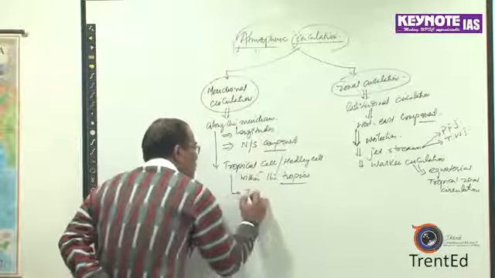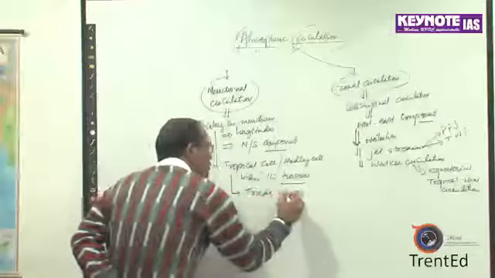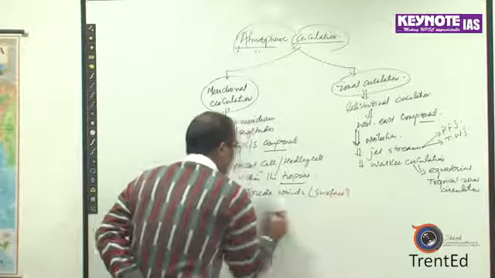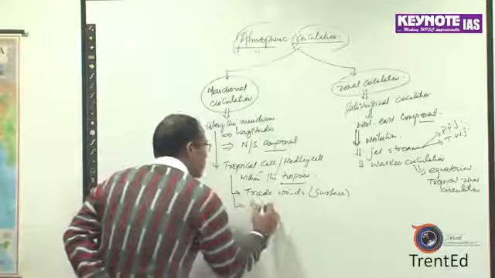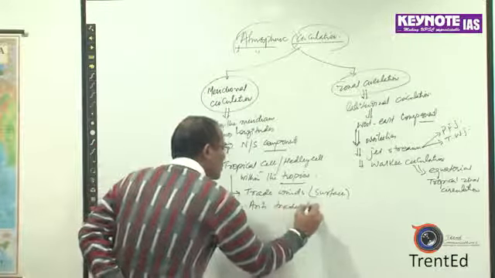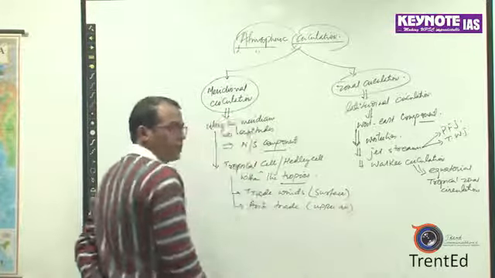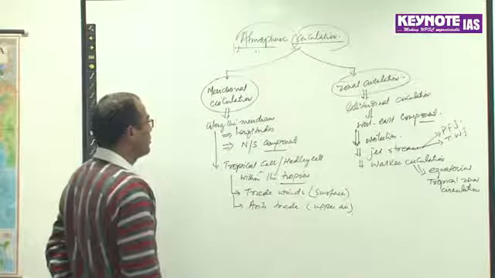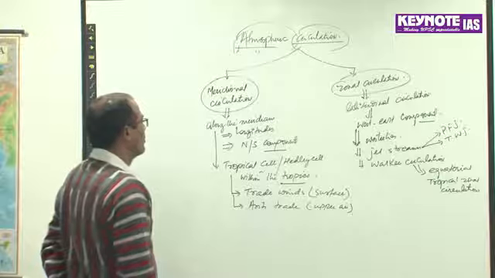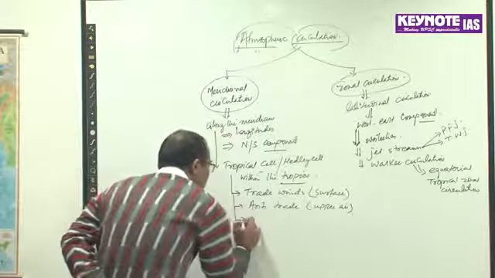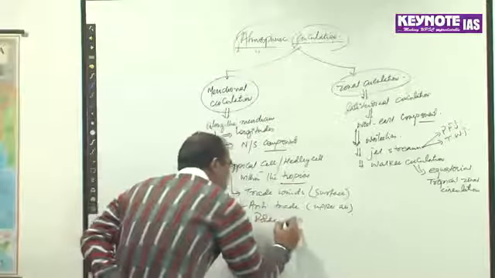That includes trade winds at the surface, anti-trade winds in the upper air, and a bit of polar easterlies.